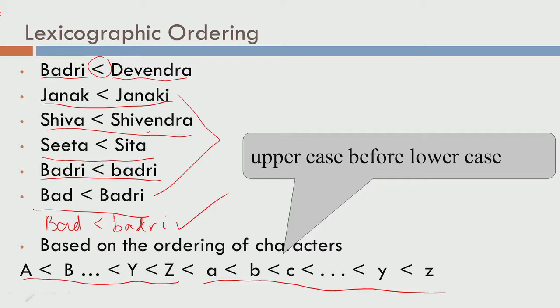So, this is also true. This is called lexicographic ordering. Just remember that it is just like dictionary ordering with the one extra addition that lowercase letters are considered to be coming later than uppercase letters.